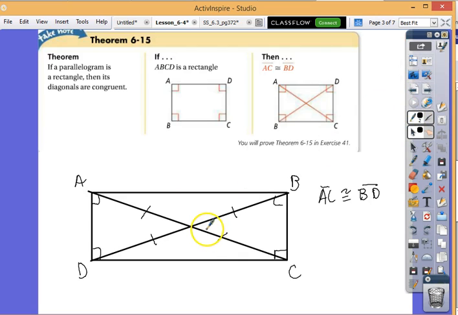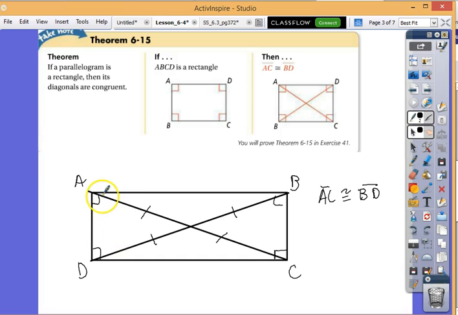A rectangle has the added benefit that its diagonals are congruent. Now, its diagonals are no longer perpendicular. Its diagonals no longer bisect the angles because it's not a rhombus. But its diagonals are congruent.